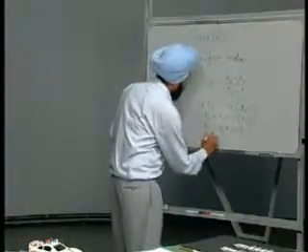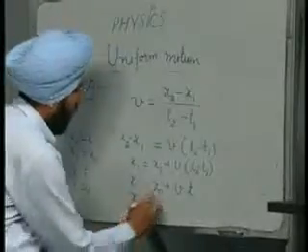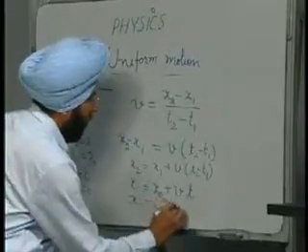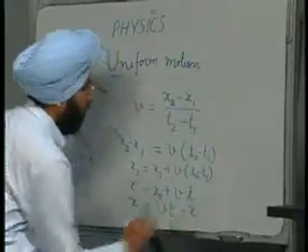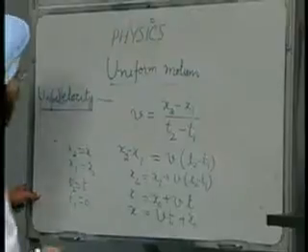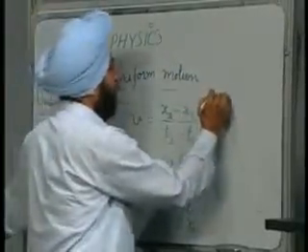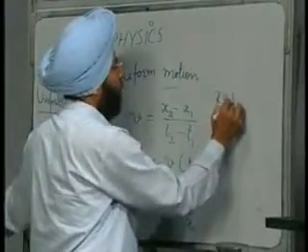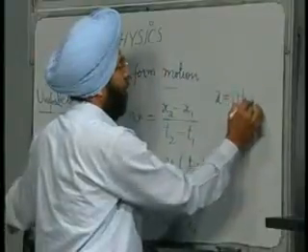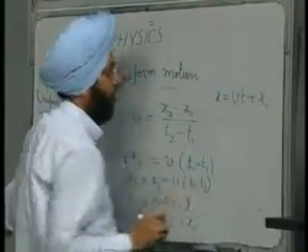X is equal to v t plus x naught. Now, this equation x is equal to v t plus x naught.